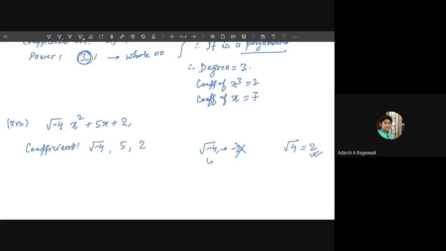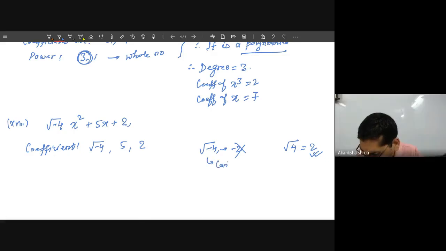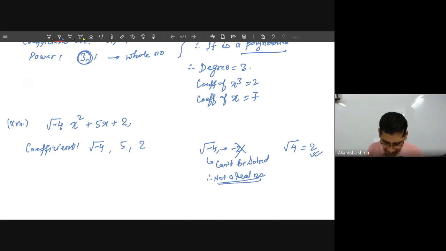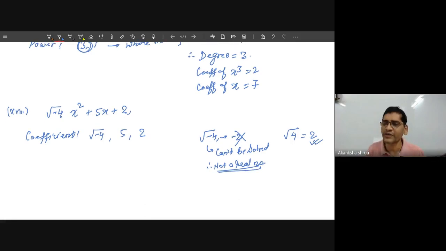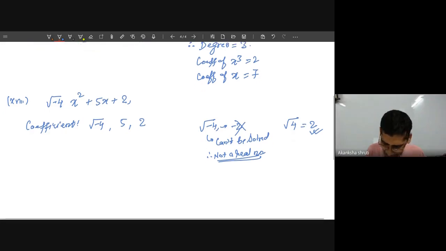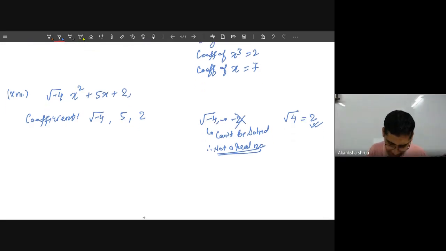It cannot be solved, which means it is not a real number. While it is not a real number, therefore it cannot be a polynomial. It's so simple. So these things you have to identify.